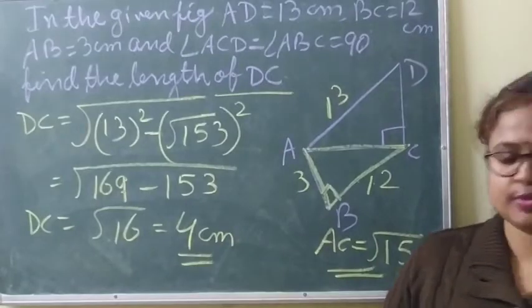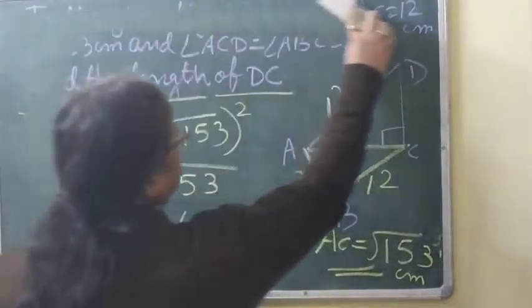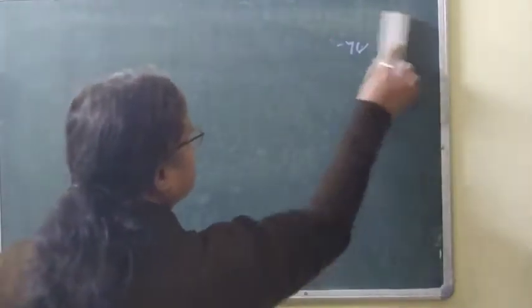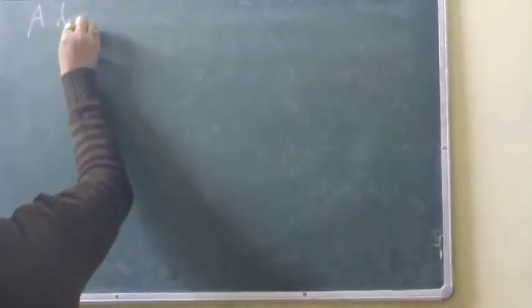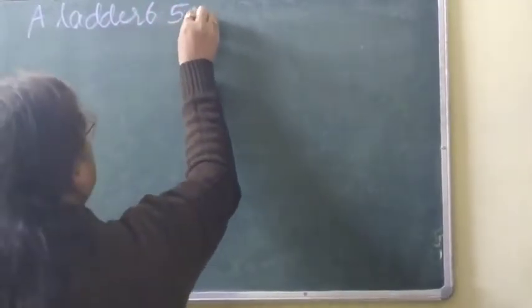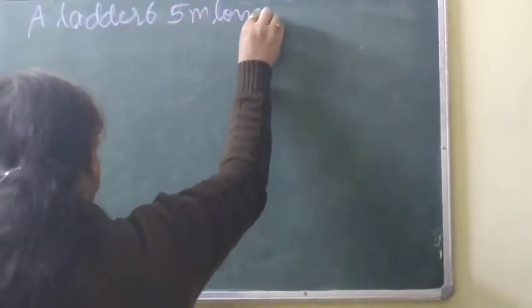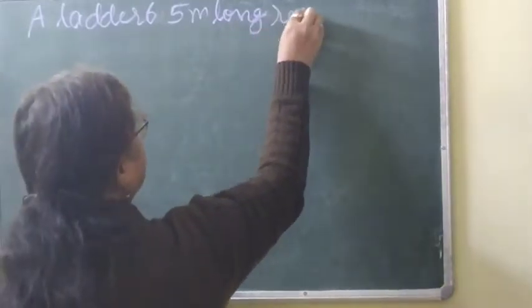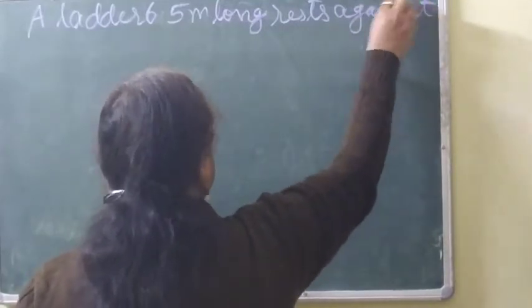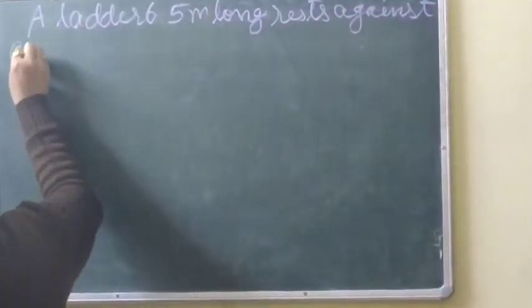Now let's do the next question. Now the next question is: a ladder 6.5 meter long rests against a vertical wall.